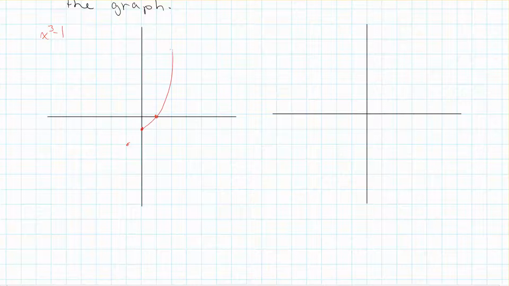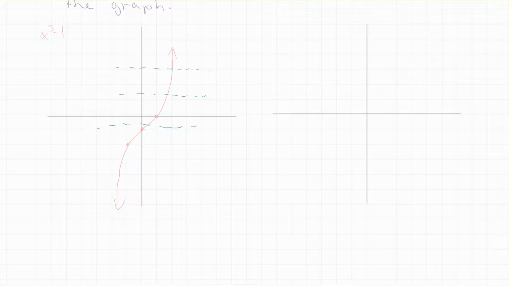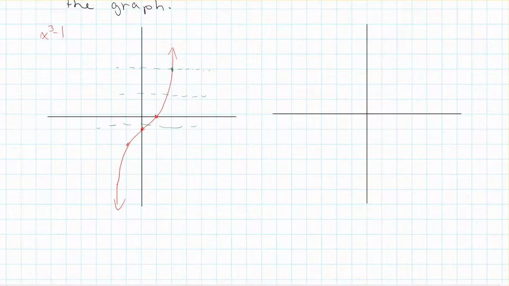So it's going to roughly, not drawing it to scale, look like this. And now it's a function, it clearly passes the vertical line test, but then if I draw any horizontal line here, I touch at most one point. And so that's going to have an inverse.